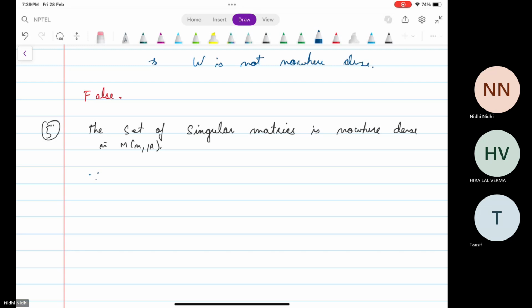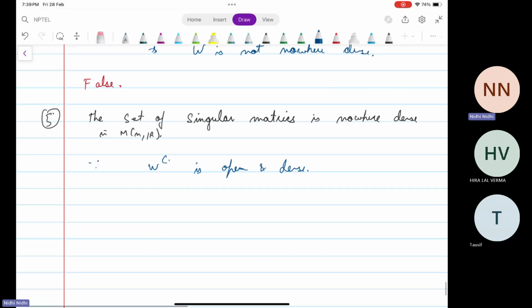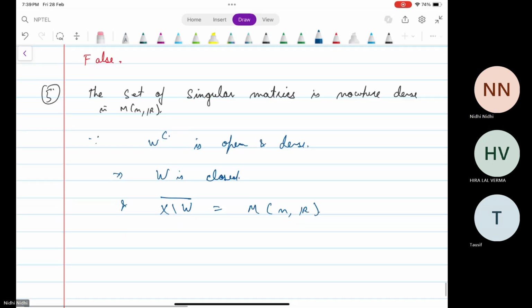Since W complement, in the previous problem we have seen, is open and dense, that gives us that W is closed and closure of X minus W is MnR. Therefore, W is nowhere dense. Therefore, the given statement is true.